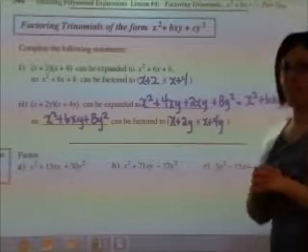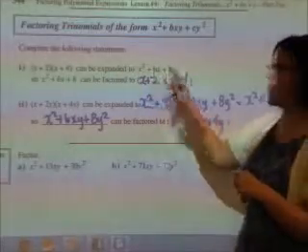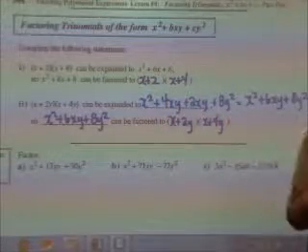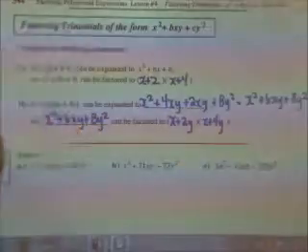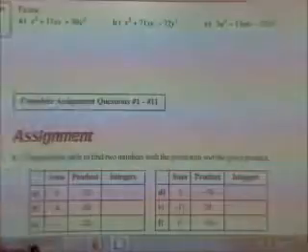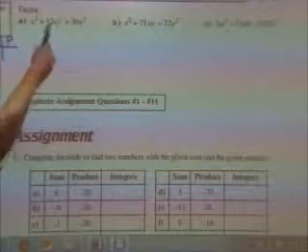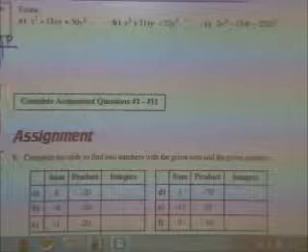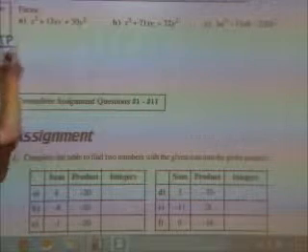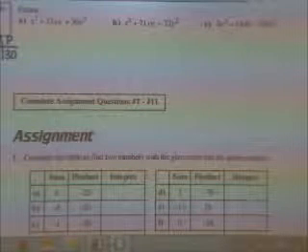Is my sum still the middle term? Is my product still the last term? That's still the coefficients, still the 6 and the 8. So take a look at 3a, my sum and product. The sum is still going to be the middle term of 13. The product is still going to be the last term of 30. 10 and 3 become my two numbers.